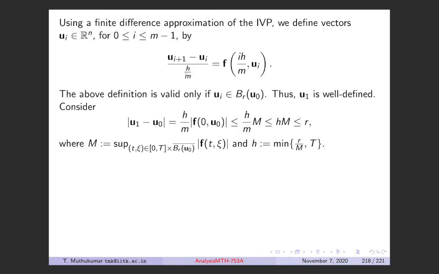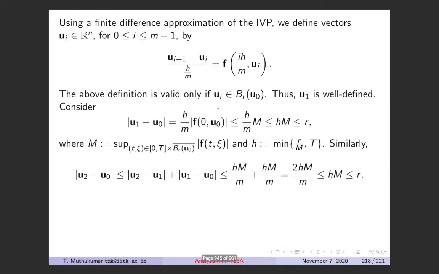Now the question is whether u2 belongs to this ball, so that u3 is well defined. Similarly, if you look at u2 minus u0, which by triangle inequality is u2 minus u1 plus u1 minus u0, the same argument as before and the same choice of h is going to give you that this is bounded by f, which gives 2h over m times M, which is hM, and h was chosen like that, so less than r.